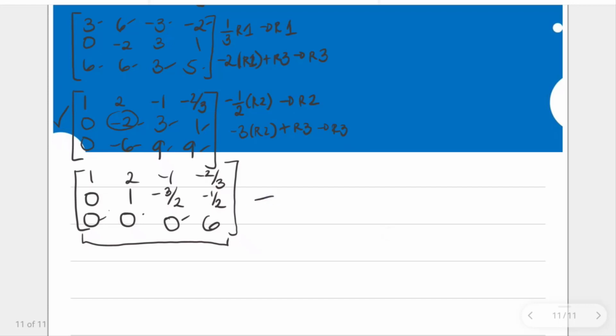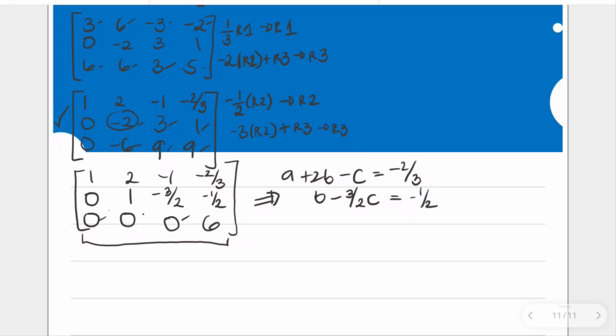So if you're not yet still convinced, let me come up with an equation from this augmented matrix. You have A plus 2B minus C is equal to negative 2/3. Right? So it might look possible. For the second row, you will have B minus 3/2 C is equal to negative 1/2. Might be possible.